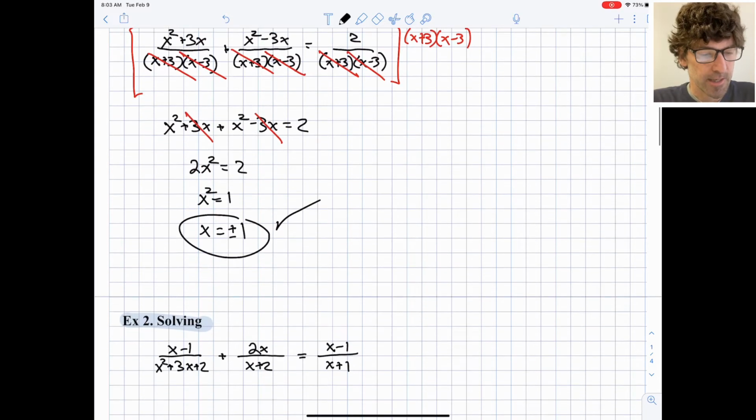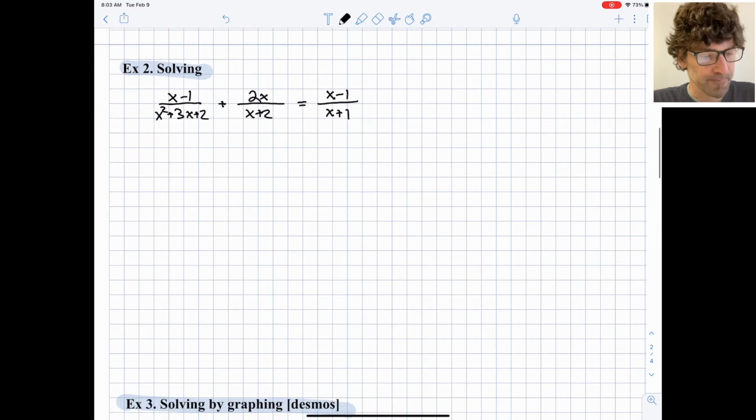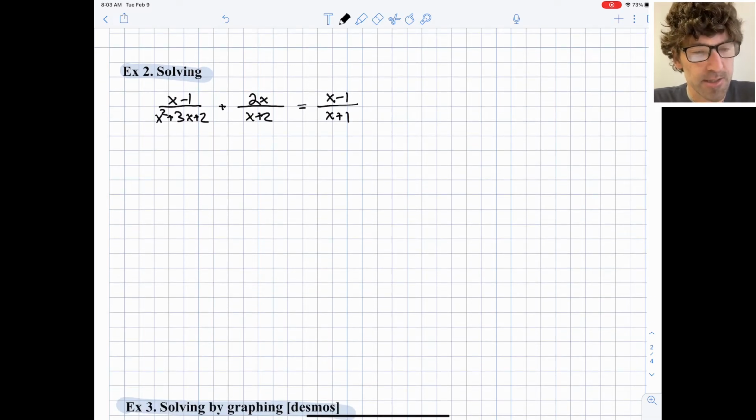Let's go ahead and do one more. And in this case, we're going to do something similar. It looks like we have to factor the denominator on the left-hand fraction. Looks like we will be getting common denominators as well. So let's rewrite this equation with that denominator factored.